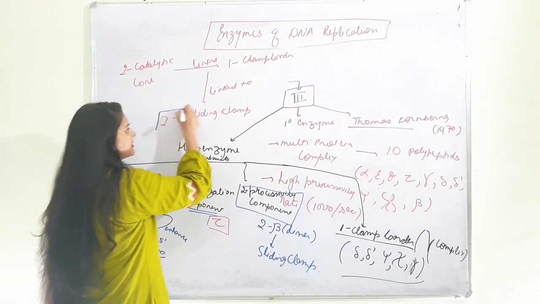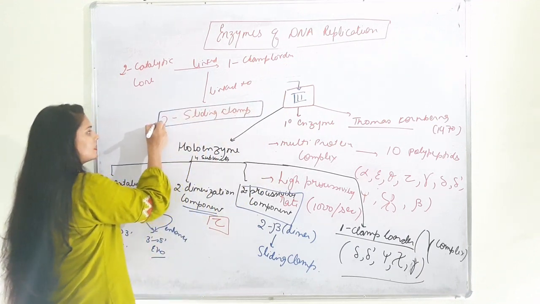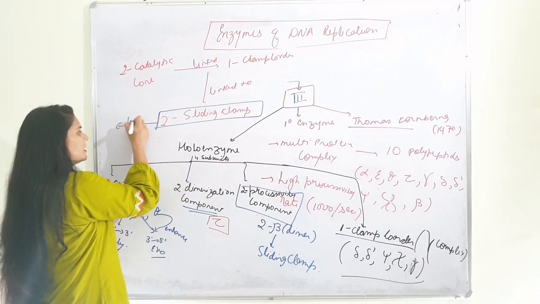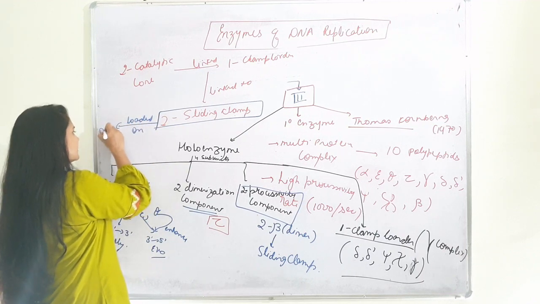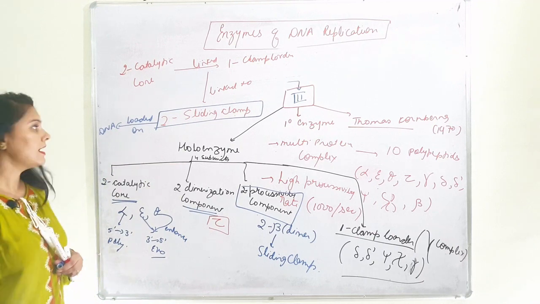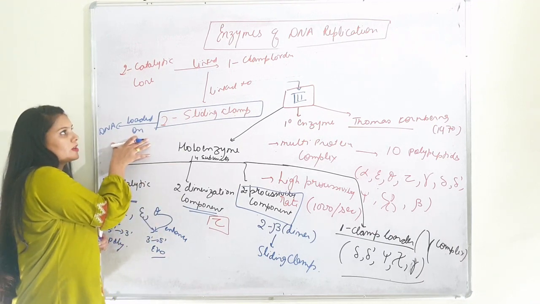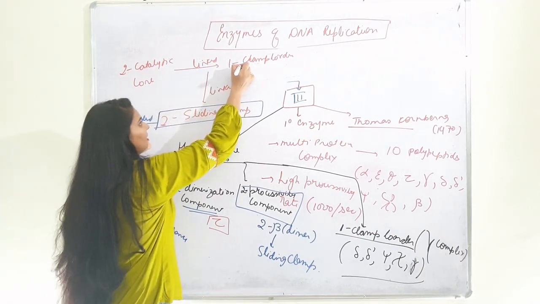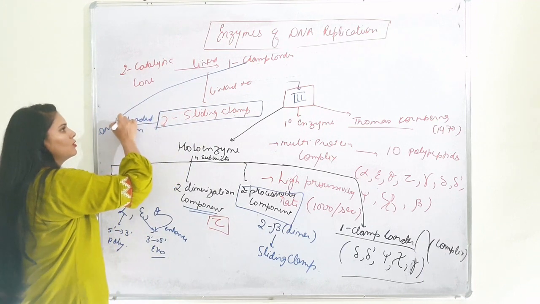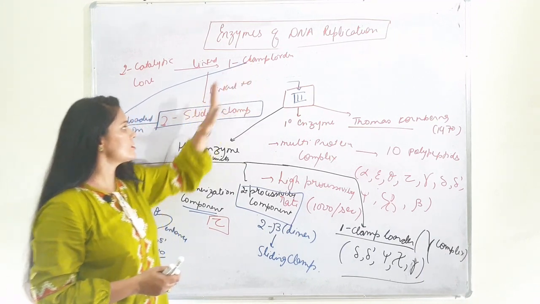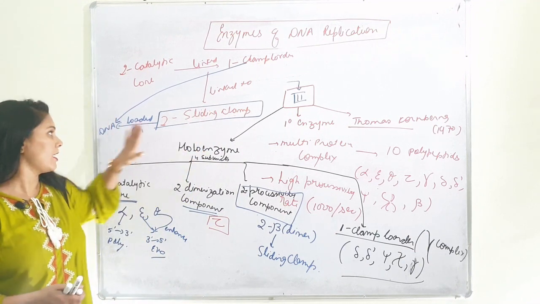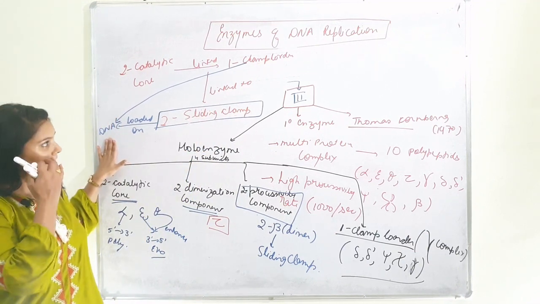This sliding clamp is loaded on the DNA template, and this loading is facilitated by the clamp loader. So the function of the clamp loader is to load the sliding clamp on a DNA template.